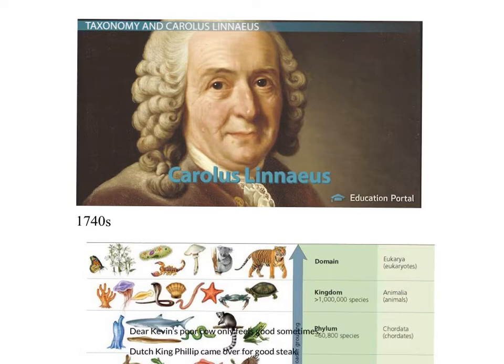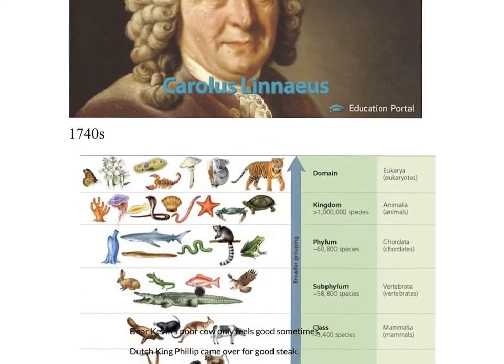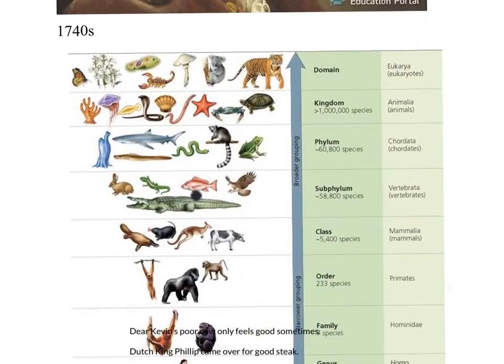It starts out really, really broad, and it gets narrower and narrower as you go. It's got several steps to it, and we're going to learn about the steps, and I'm going to teach you a way to memorize the steps by using a little mnemonic device. So Carolus Linnaeus set this system up. I'm going to scroll through here.